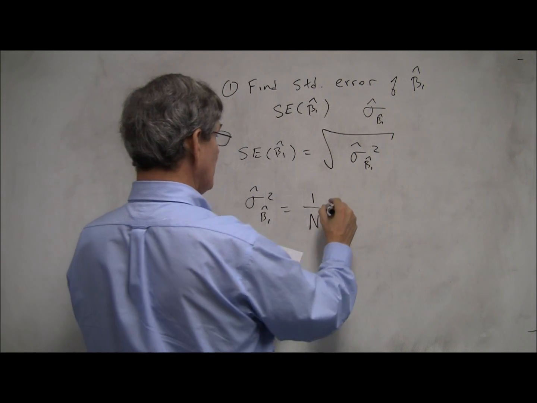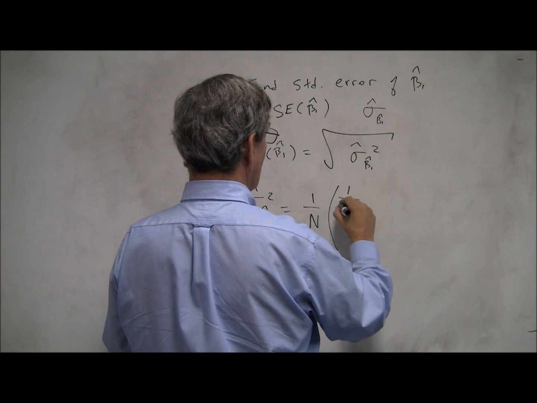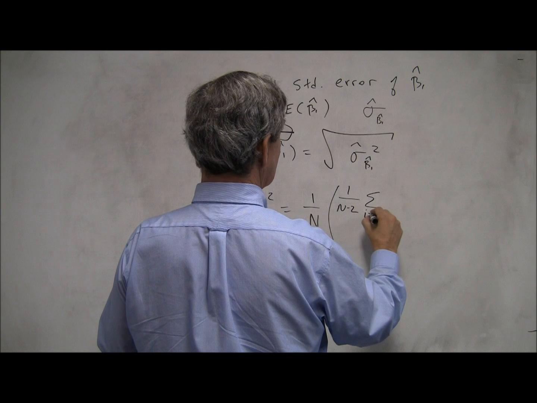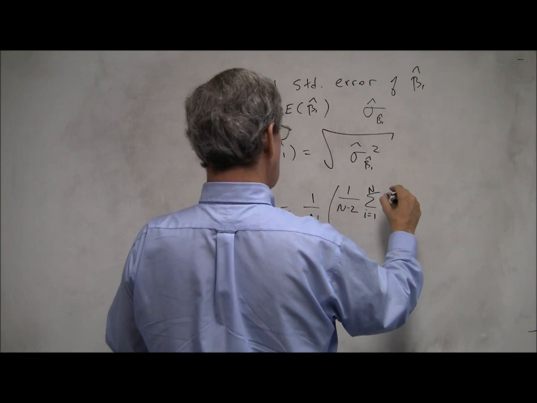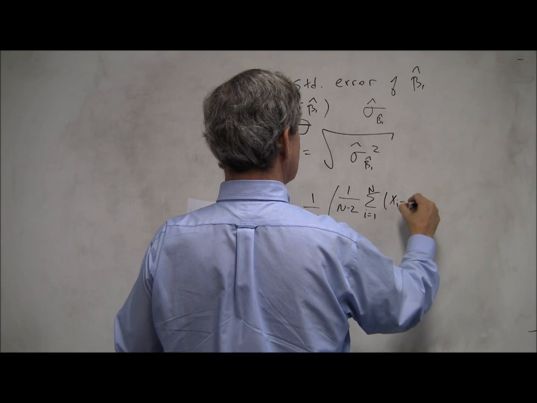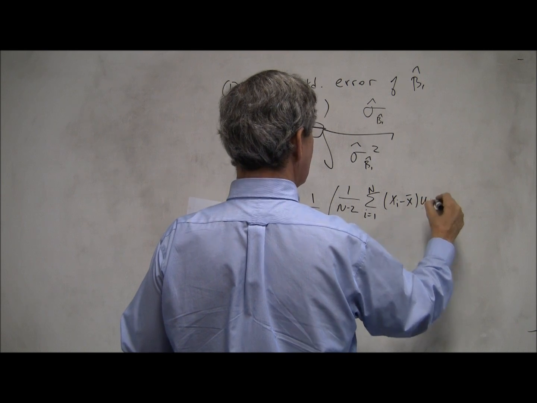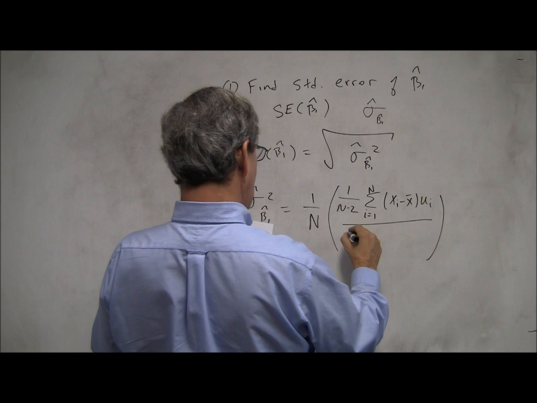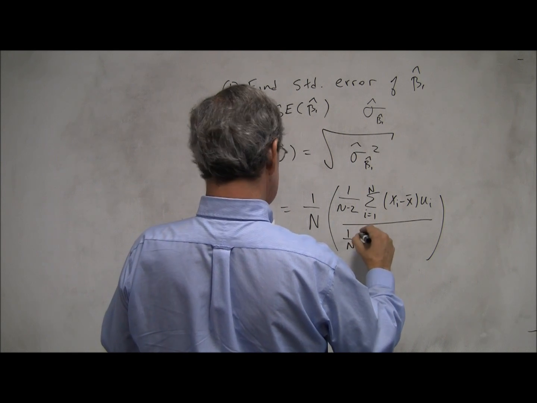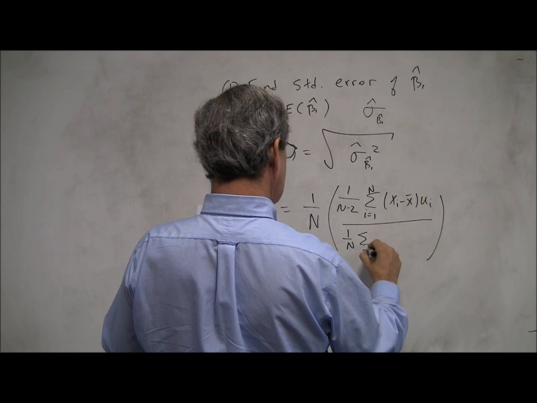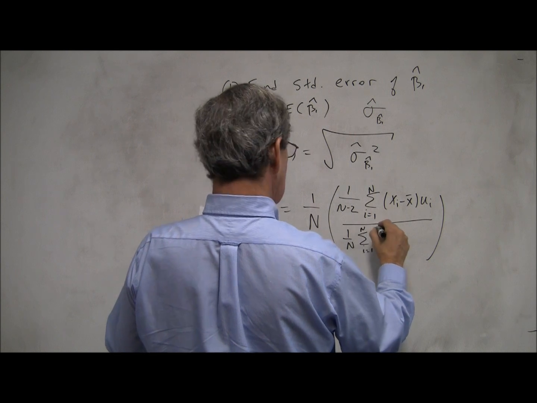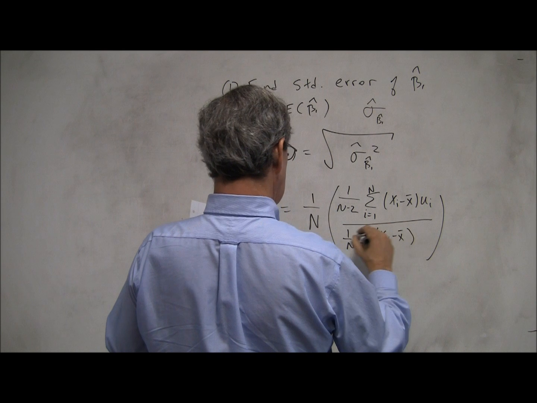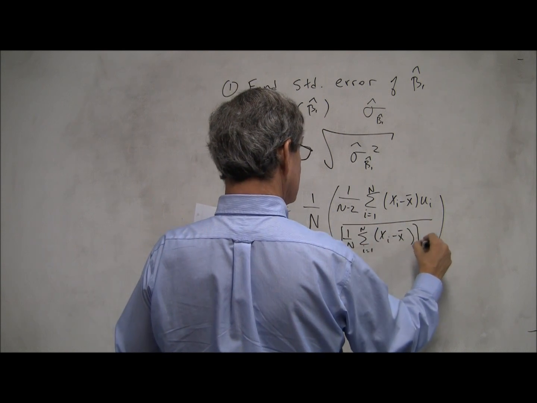Now we're going to write the actual formula. It's 1 over n minus 2 times the sum from i equals 1 to n of (x_i minus x bar) times u_i, divided by 1 over n times the sum from i equals 1 to n of (x_i minus x bar), and then we want that whole thing squared.